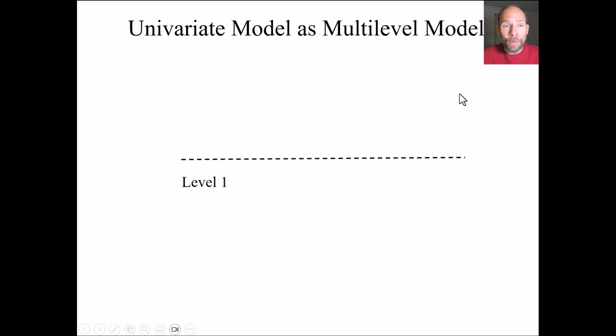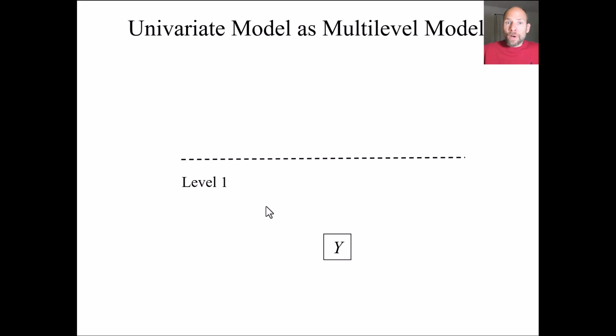So when we represent this exact same model as a multi-level model, then we have 2 different levels. Level 1 is the level of the measurement occasions, and in the multi-level modeling framework we would have only 1 column to represent our repeatedly measured anxiety scores, because multi-level data is typically represented in long format for multi-level analysis, whereas when we estimate a confirmatory factor analysis based growth curve model, then we use wide format data, where we have 1 column for each time point, therefore a wide data set.